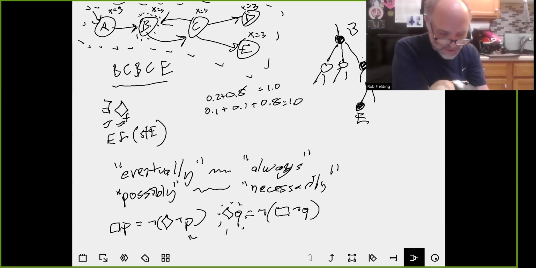And if you think about it, this really isn't like a time modal, but we interpret it in such a way to where the facts only change on a time step. So you got to go from B here to C, which is a time step for any fact in the world to change. So that allows us to combine eventually with possibly.